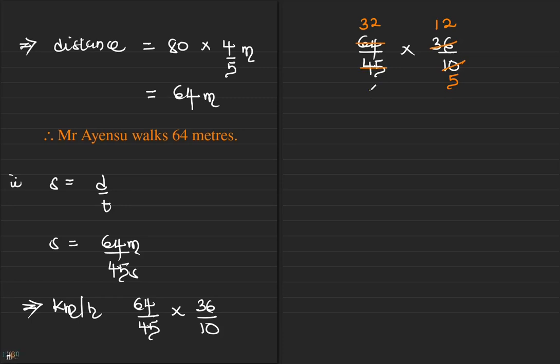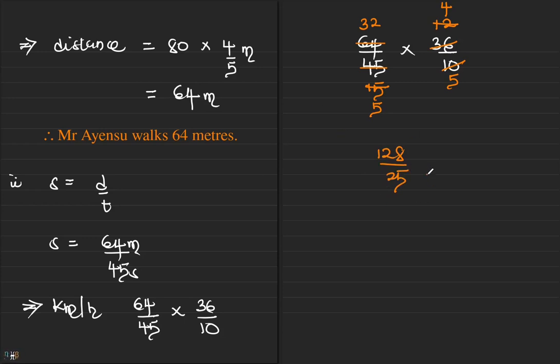And 3 also dividing 45 to give us 15. Is there any other thing to simplify? Yes, 3 can still divide 12 to give us 4. And 3 divides 15 to give us 5. Now there's nothing else to simplify. So we have 32 times 4, which gives us 128 over 5 times 5, which is 25.